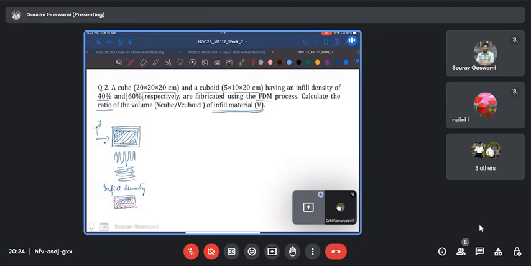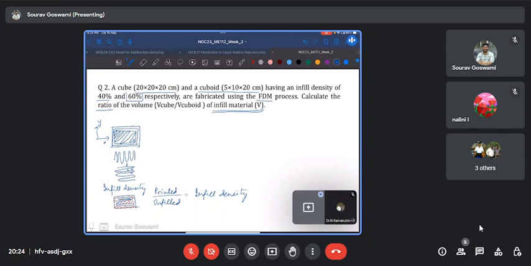And the ratio of the filled or the printed to the ratio of the unfilled is infill density. So as we discussed, the toolpath that you actually choose for the printing process will vary this infill density, or for a chosen toolpath, we can vary the infill density.